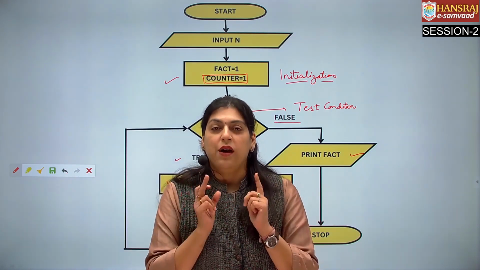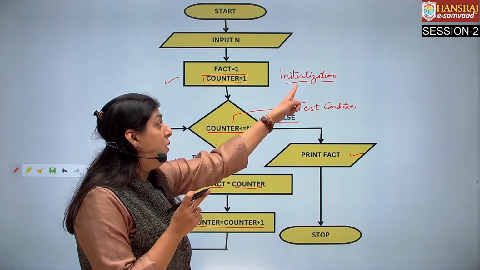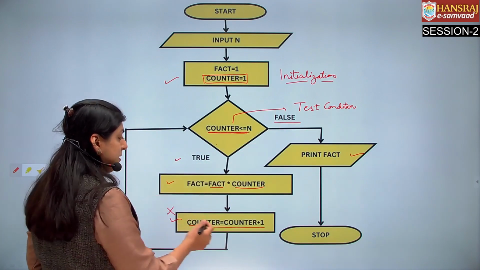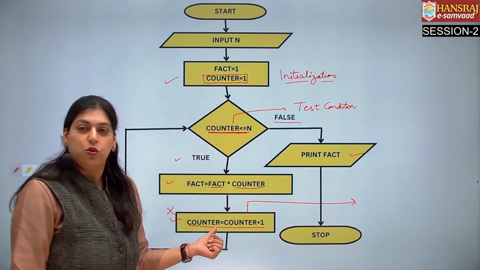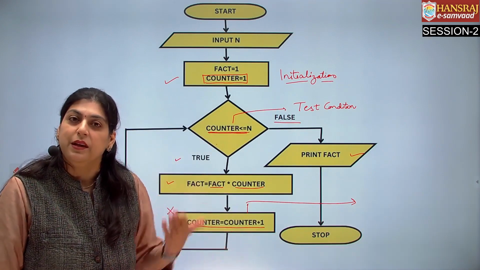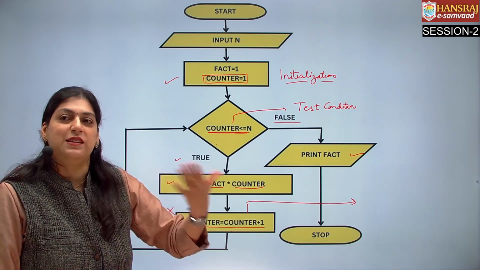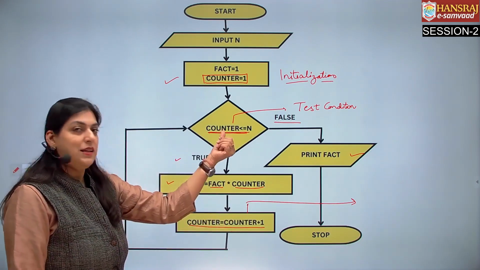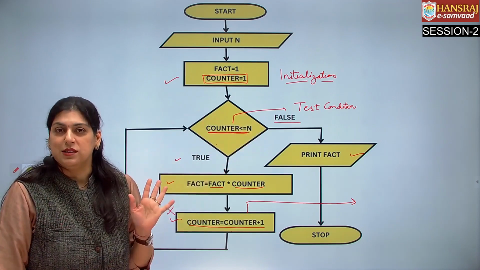So, whenever you are writing any loop conditions, you have to be very careful. 1, 2 and this third part is very important, right? So, either you have to increment the counter or you have to decrement the counter. Okay, you have to change this value so that at some time, this condition should become false.